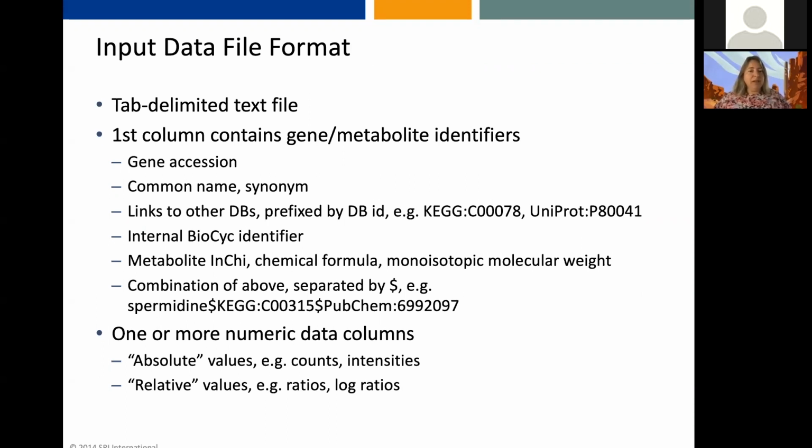And then if you can provide a combination of pretty much everything you know about the metabolite identifier that we might be able to match, and then separate them by a $ sign.